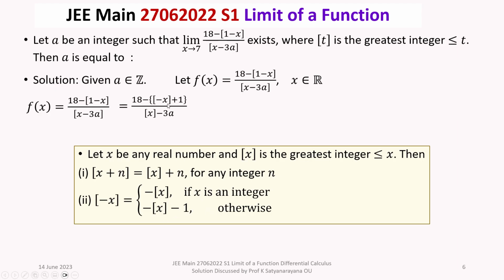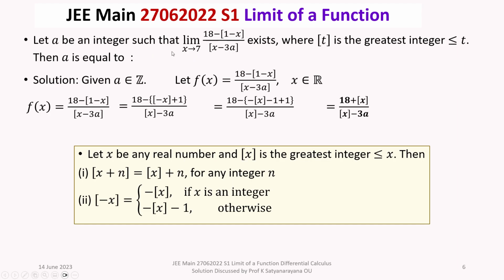Here x is a real variable. Therefore, bracket of minus x will be minus bracket x minus 1. Let's write that down. The minus 1 plus 1 inside the bracket gets cancelled and you will get 18 plus bracket x by bracket x minus 3a. Now let's get into the question.